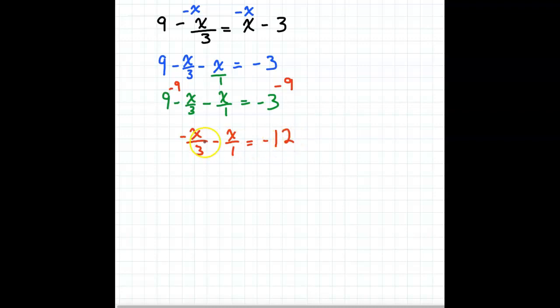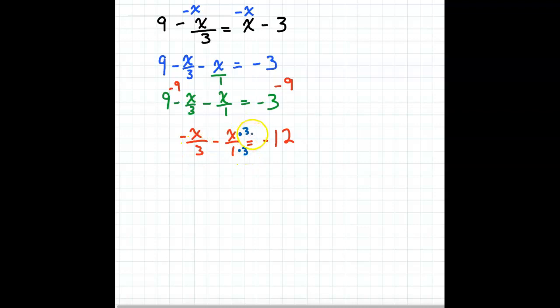Okay. I can't combine these terms until I have a common denominator. So how could I do that? Well, one thing I could do is I could times both the numerator and denominator by 3. Okay.